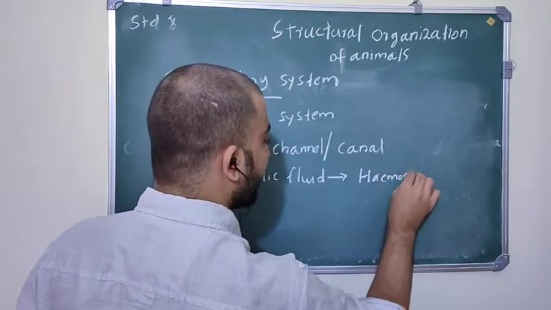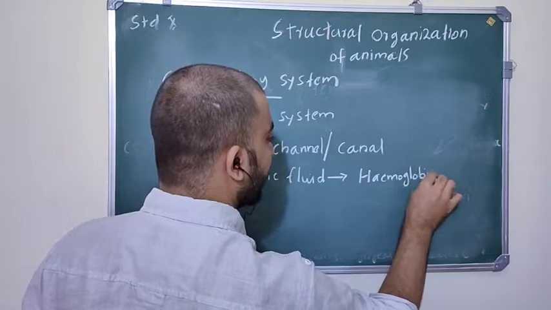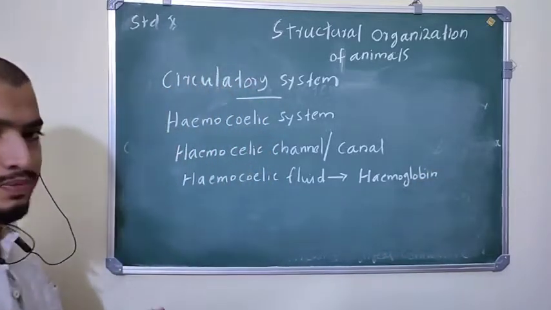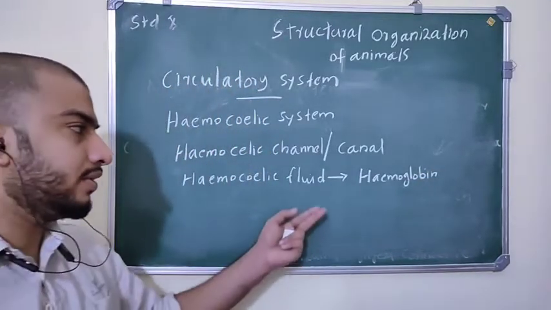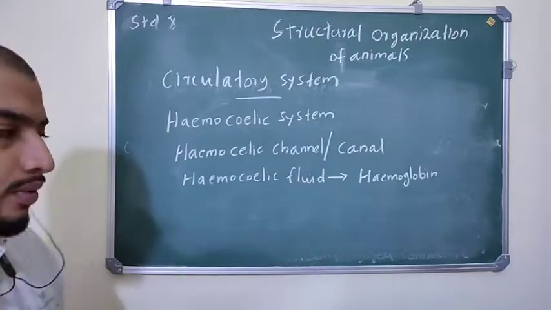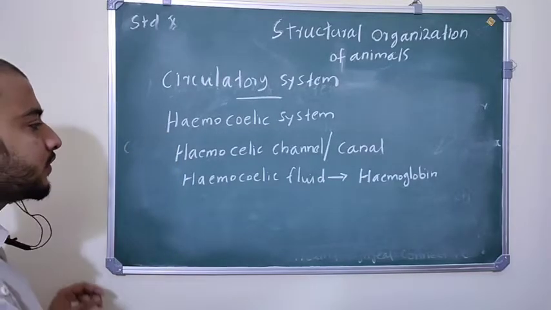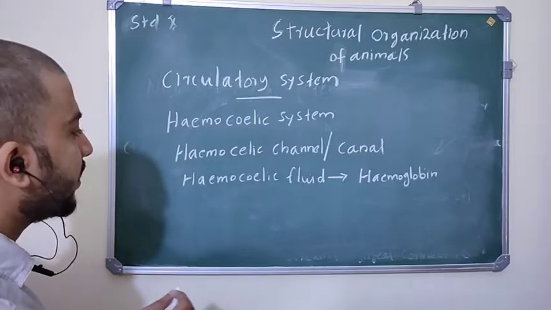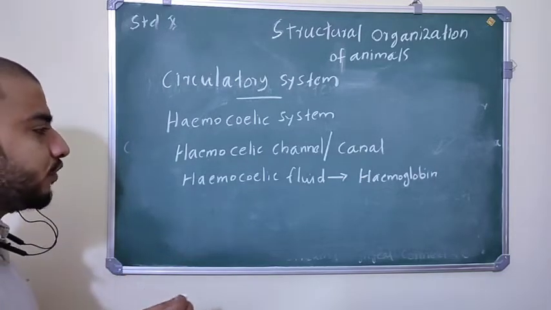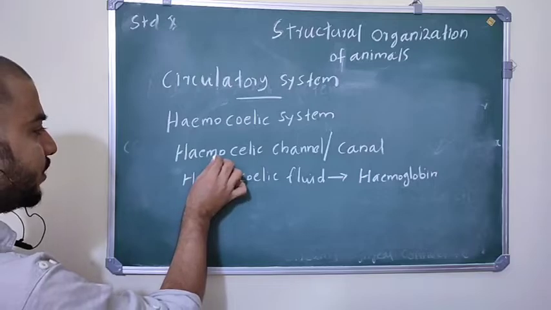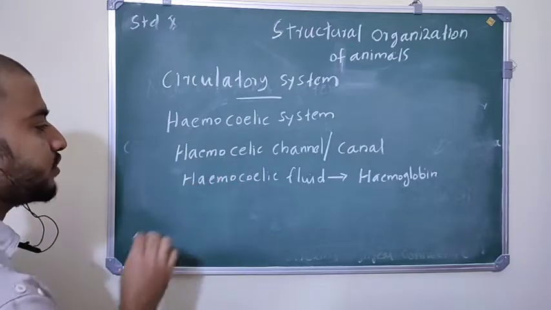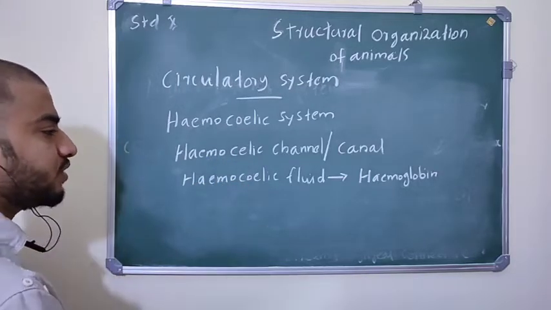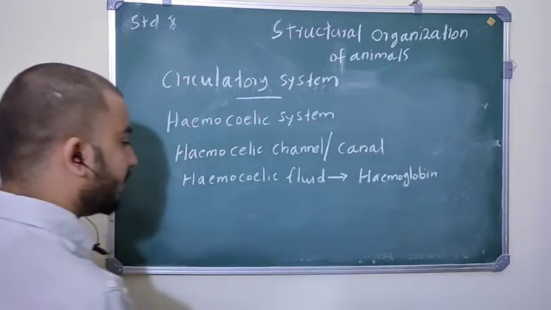We know the function of hemoglobin: the transport of respiratory gases is done with the help of hemoglobin. So they have hemocoelic channels and hemocoelic fluid. These channels are filled with the fluid, and this fluid contains hemoglobin.